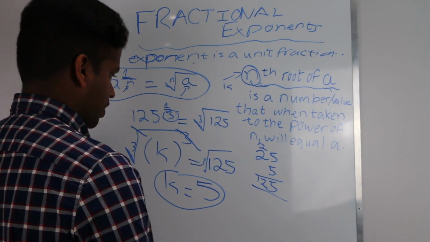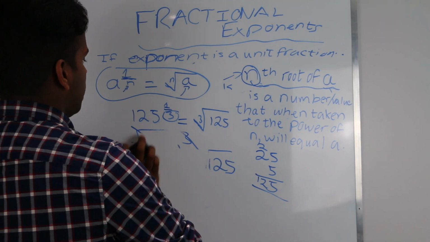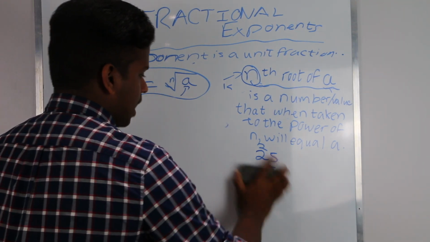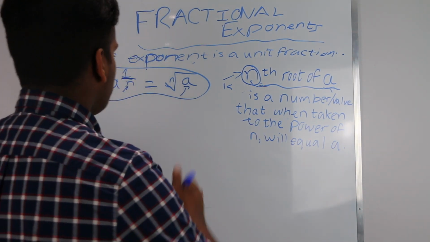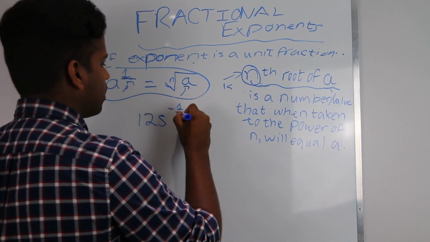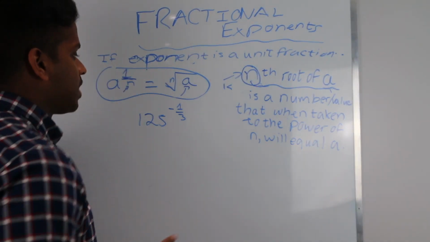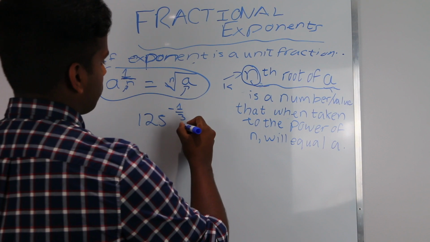So that is how you tackle fractional exponents when you have a unit fraction. Now we're going to look at the same example. I said I'd show this to you in the beginning of the video. But what would we do if instead it was 125 to the power of negative 1/3? How would we tackle that? This is a negative exponent, so we tackle it like we did in the negative exponents video.